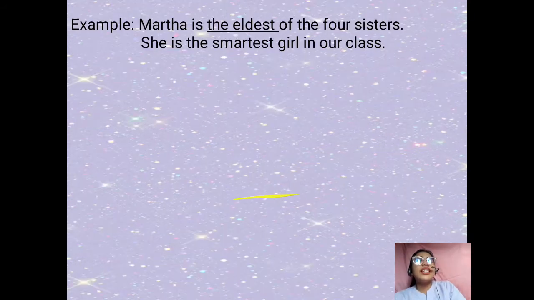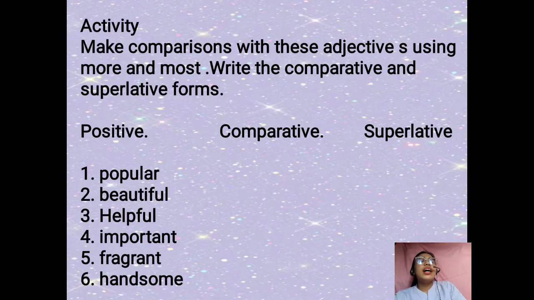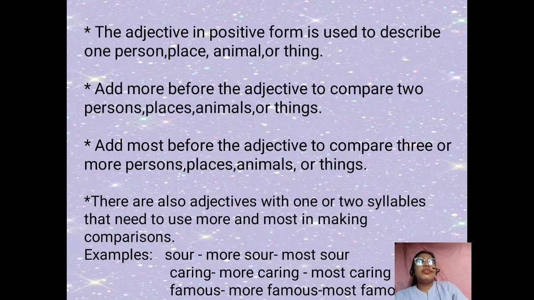Okay, so next, punta tayo sa superlative adjectives. Okay, so how about in superlative adjectives? Okay, so in superlative adjectives, we will use the word most before the adjective to compare 3 or more persons, places, things, or animals.